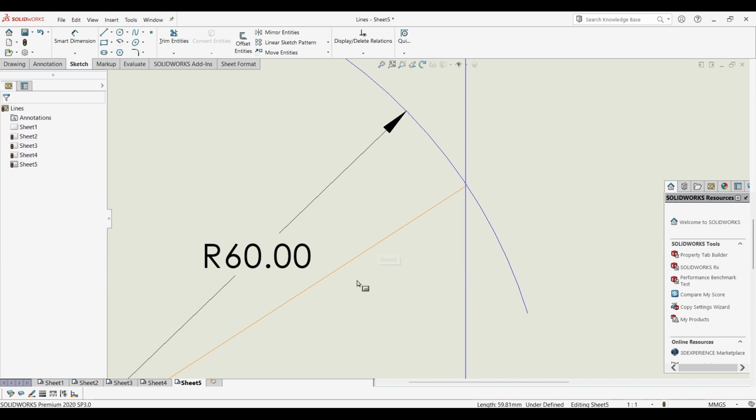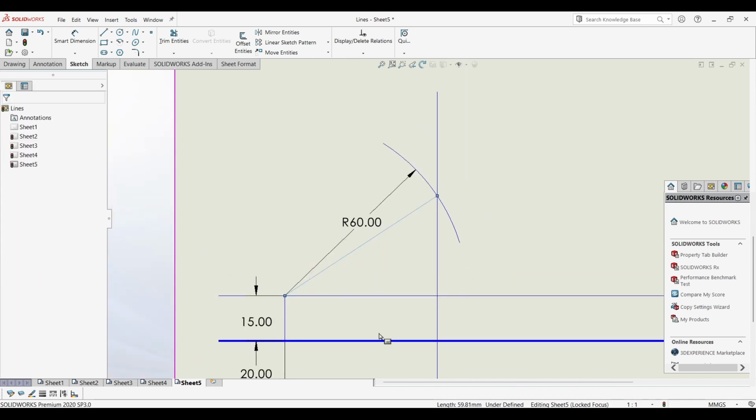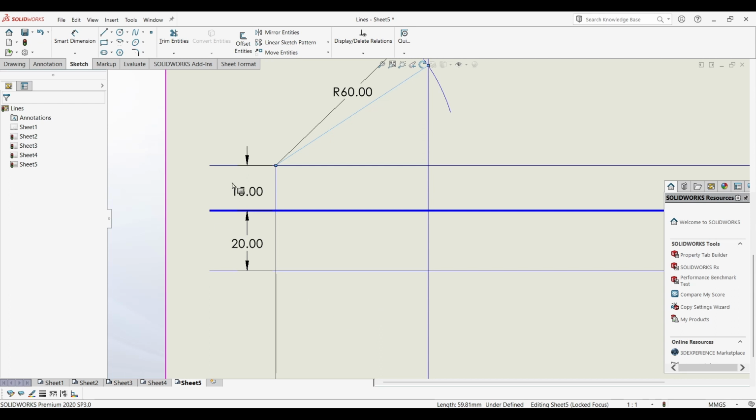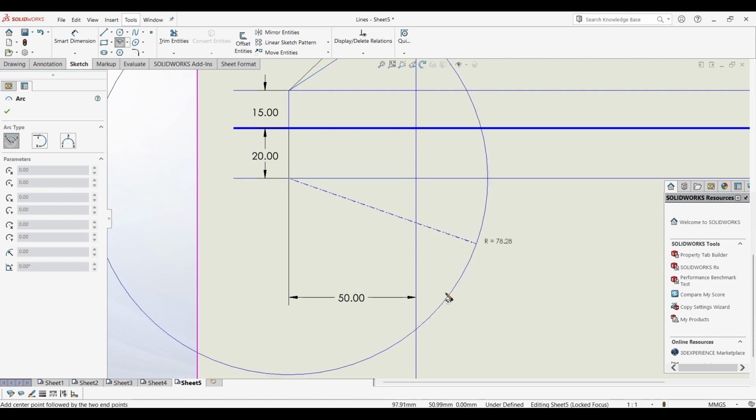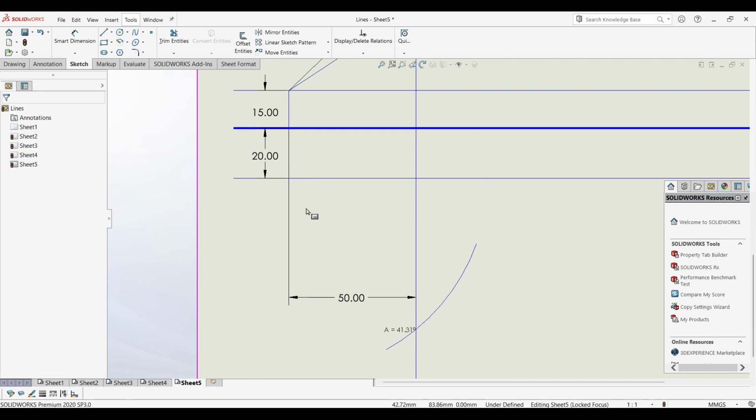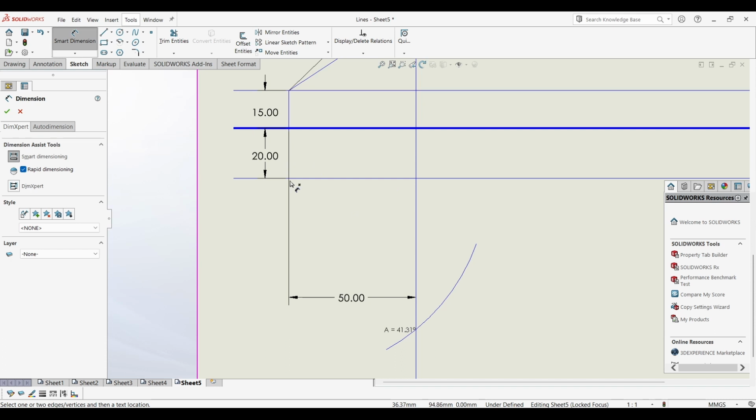Okay, so we are done with that, and then we do the same thing down here. It is given that this thing is 70 mm. Fine. So from here to here, we cut an arc, and this thing is 70 mm.